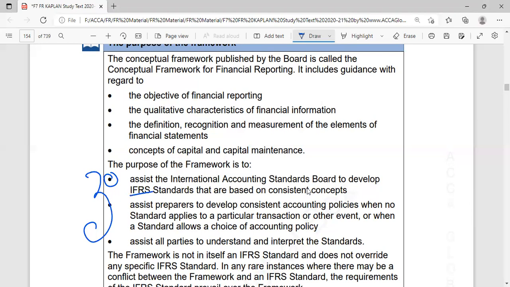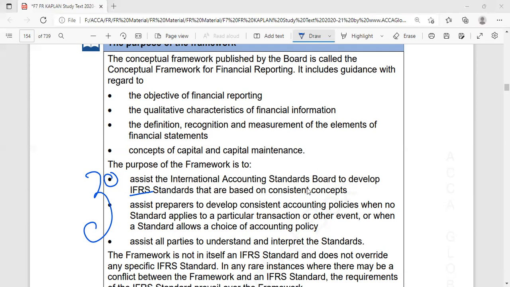It may also help in revising that standard, and it assists all parties to understand and interpret the standard. So these are the main purposes of the conceptual framework.